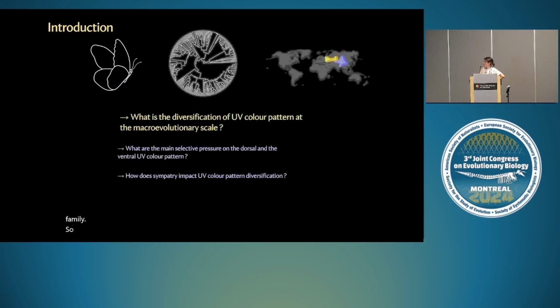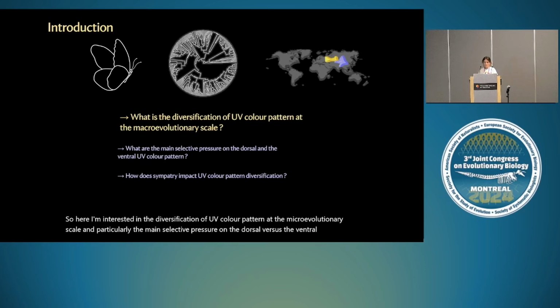Here I'm interested in the diversification of UV color pattern at the macroevolutionary scale, particularly the main selective pressure on the dorsal versus the ventral sides of my butterflies, and what is the effect of interspecific interaction in sympatry on the UV color pattern diversification.